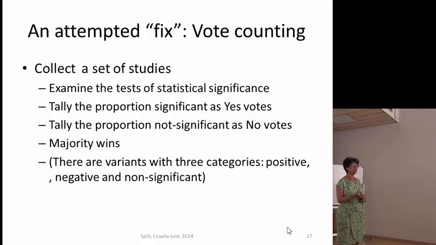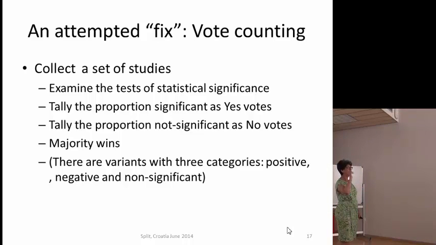Draw a line down the paper, you have 2 columns: study 1, did it find significant results, yes or no. Study 2, 3, down to N, yes or no. So significant is a yes vote, non-significant is a no vote. Sometimes there is a variation where you'll have statistically significant positive, statistically significant negative, because sometimes reversals do occur, and non-significant. And then, because democracy rules, the majority wins.